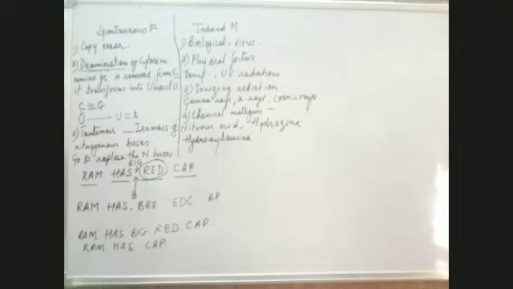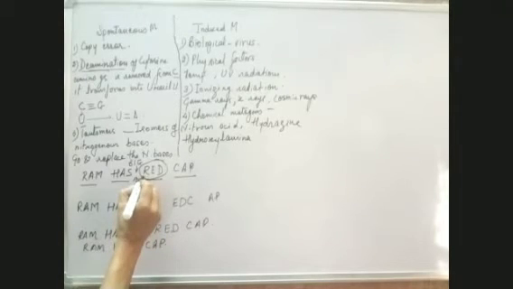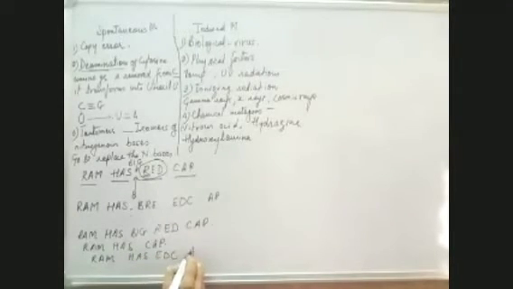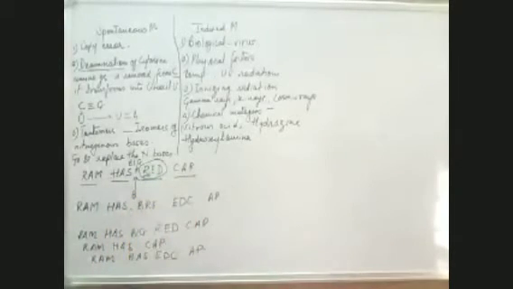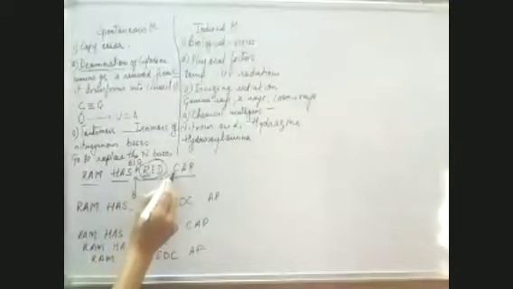That means mutation has taken place again. Now, if we delete one by one, if R is deleted, we will get Ram has EDC, AP. If E is deleted, RDC, AP. If D is deleted, REC, AP.